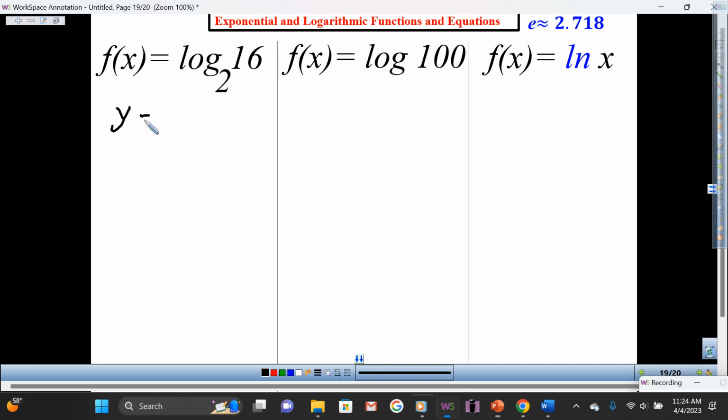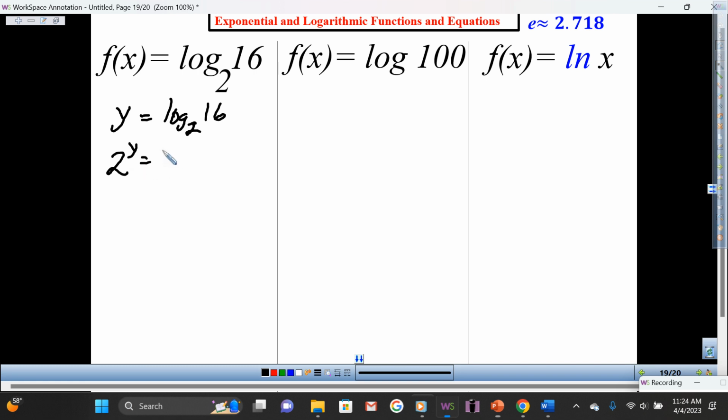Yes, change f of x to y. Log base 2 of 16. Continue, Joel. Two to the other side. To the what?